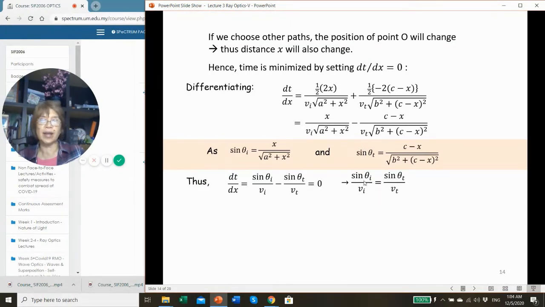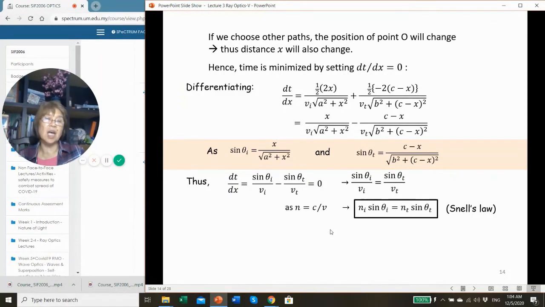We need to substitute this expression with refractive index. So vi would be c over ni, and on this side vt will be c over nt.